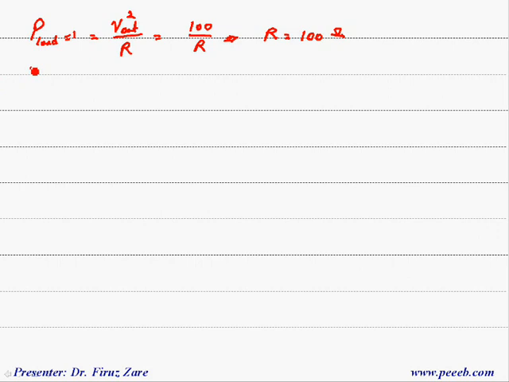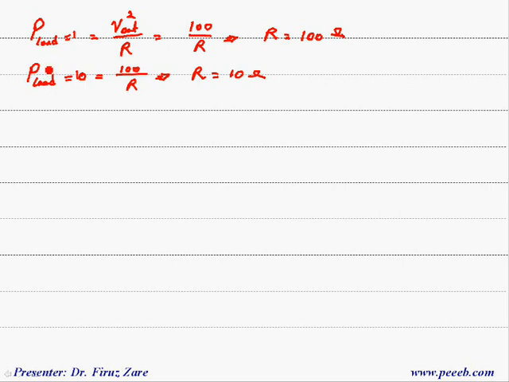Or if the output power is 10 watts, which is basically 100 divided by R, here we find the resistance value should be 10 ohms. So there are minimum and maximum load impedances for these two situations.